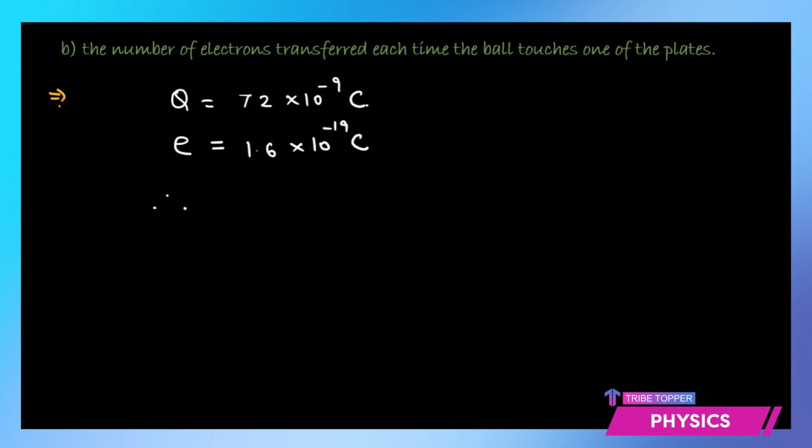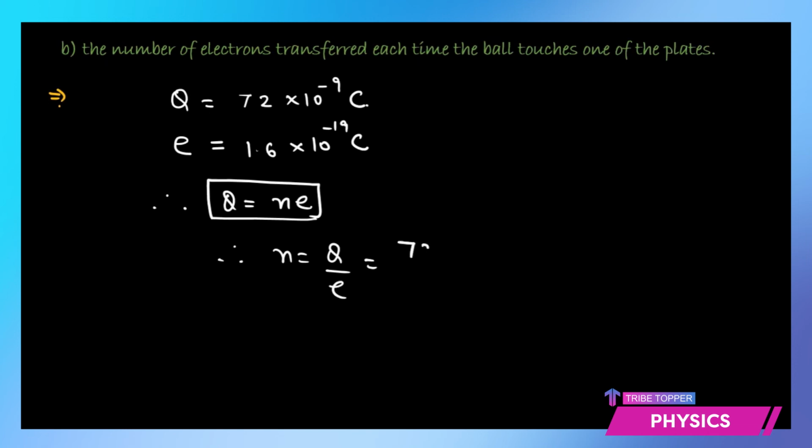Therefore, we calculate the number of electrons again from the same equation. Q is equal to NE, therefore N is Q by E. That is 72 times 10 to the power minus 9 upon 1.6 times 10 to the power minus 19, and we get 4.5 times 10 to the power 11 electrons transferred each time the ball touches one of the plates.